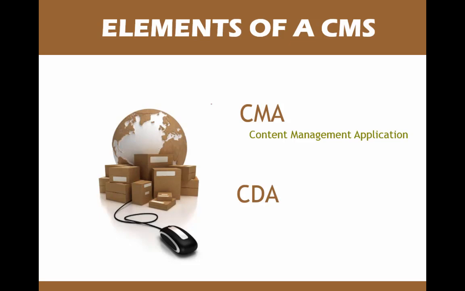So you are the only one that has access to it. That's the administrator of your website. While the CDA, the content delivery application, is the website that people can see. So the CMA is also known as the back end, while the CDA is also known as the front end.